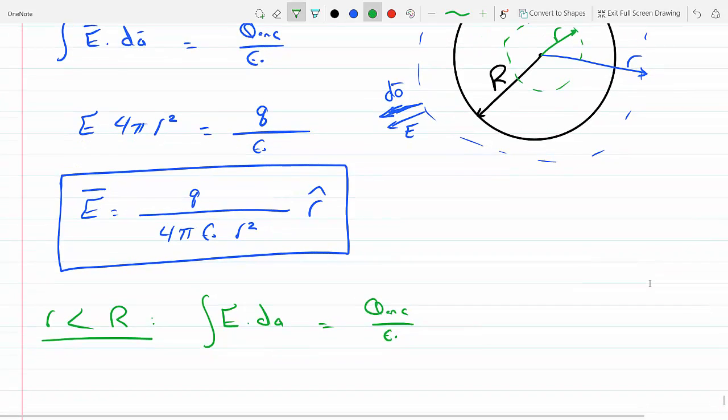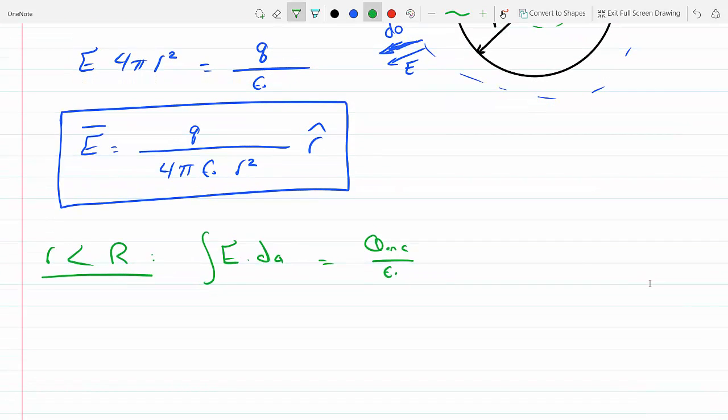In this case, I will not enclose the entire charge. Q enclosed is equal to the integral of rho d tau over V. How much is rho? Well, we have Q divided by 4/3 pi R cubed, and this is all a constant.